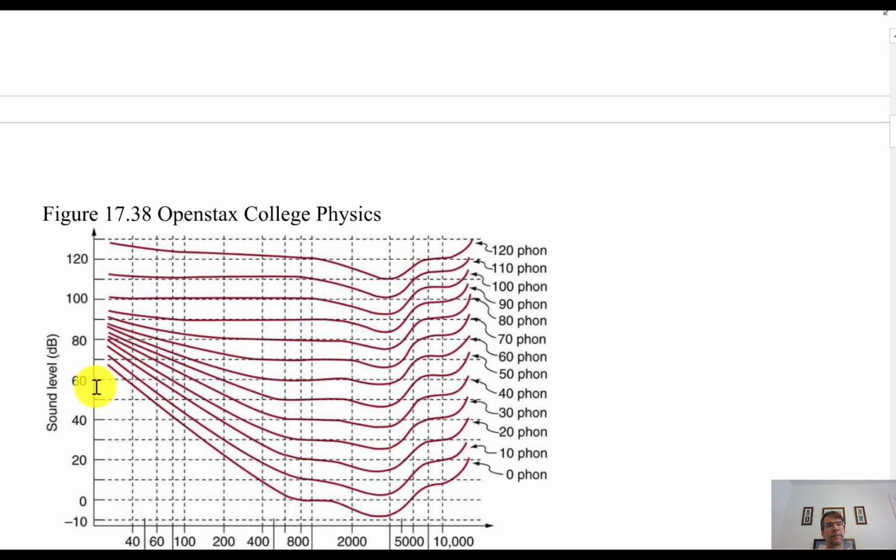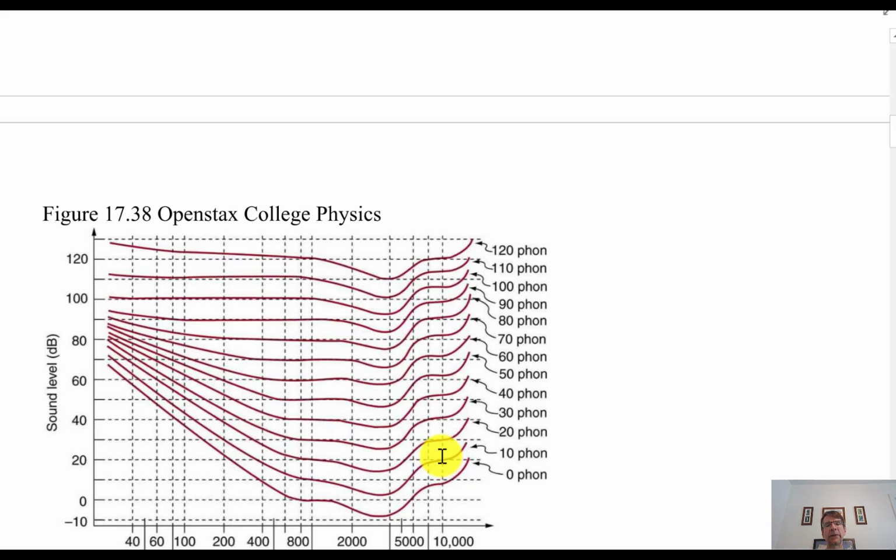Let's go to the second line, the 10 fan line. At 10,000 hertz right here where I'm at right now, that is 20 decibels. So at 20 decibels, that's going to have a perceived loudness of 10 fans.